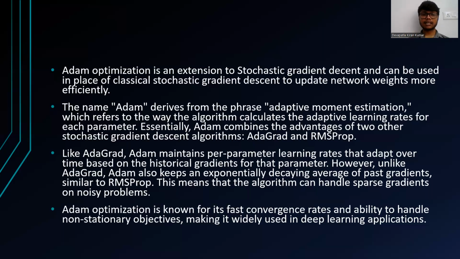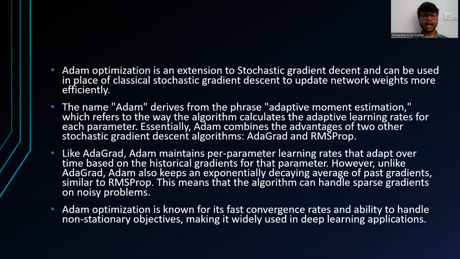Like the AdaGrad optimization algorithm, Adam maintains a per-parameter learning rate that adapts over time based on the historical gradients for that parameter. However, unlike AdaGrad, Adam also keeps an exponentially decaying average of past gradients, similar to RMSProp, which means that the algorithm can handle sparse gradients or noisy problems.